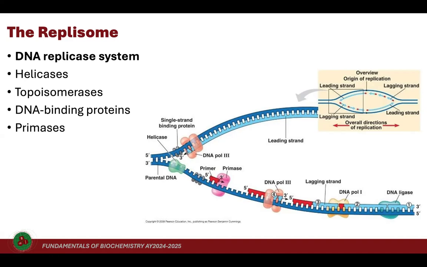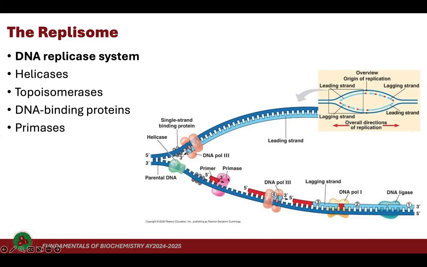Right? Like, you saw the reaction mechanism. It needs that 3' OH group to attack the gamma phosphate of the incoming nucleoside triphosphate. So to answer that question, like, where is that free OH group? To answer that question, we look at primases.